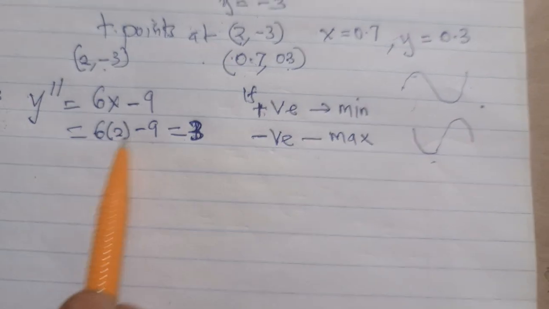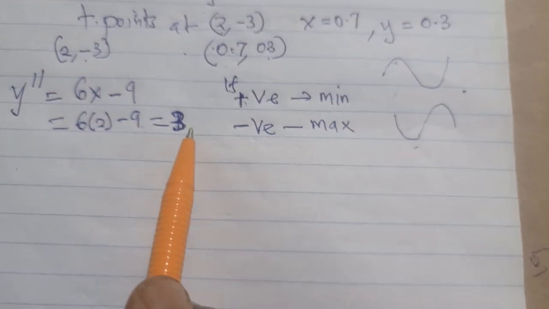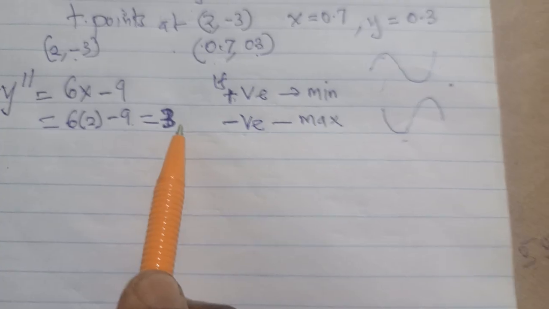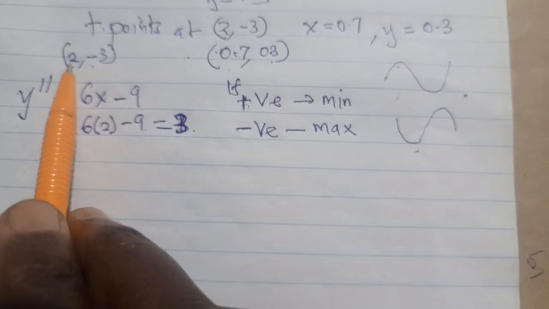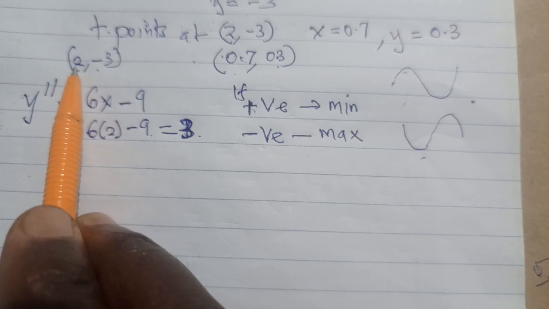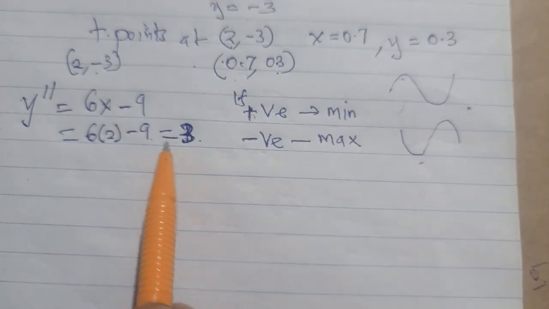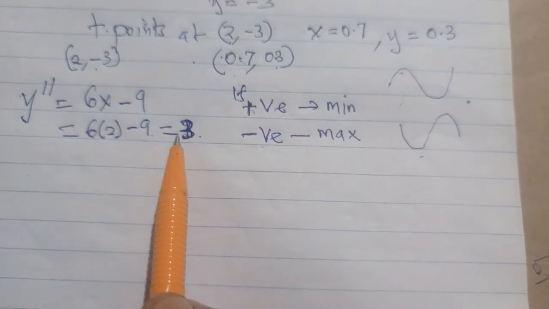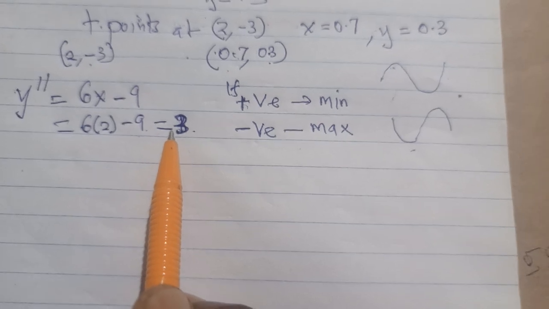Now in our case here, you can see our derivative is positive. So what do you think? This turning point (2, -3), what is its nature? If the derivative is 3, you are correct.